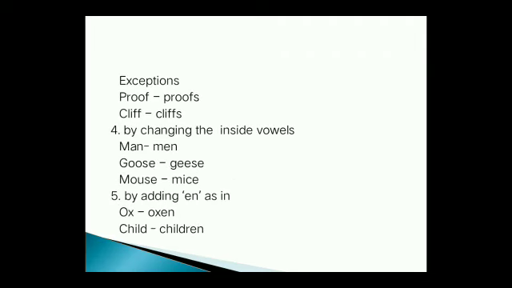Then there are some exceptions in this changing of singular nouns into plurals. Like proof, we have F in the last. In cliff also we have F in the last, but we will not change it into V. It will be F only in the plural form also. Proofs, cliffs.